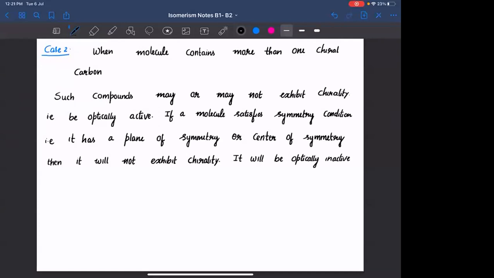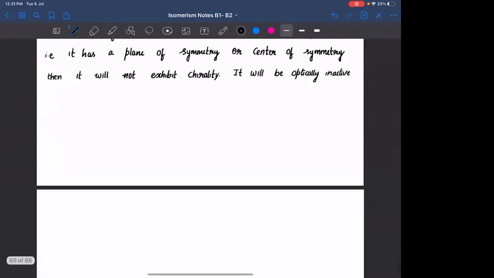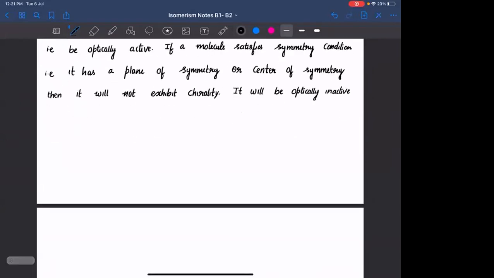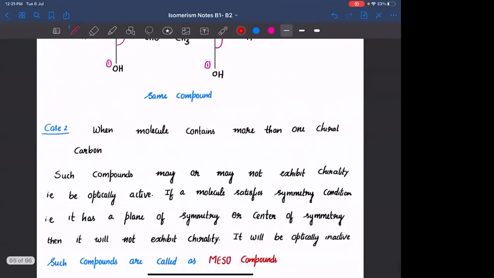Any doubt, anyone? Such compounds, what are they called? Meso compounds. Good. Okay. I hope this is clear.